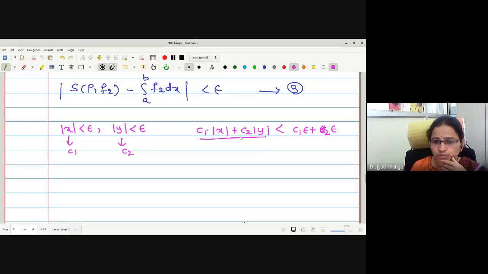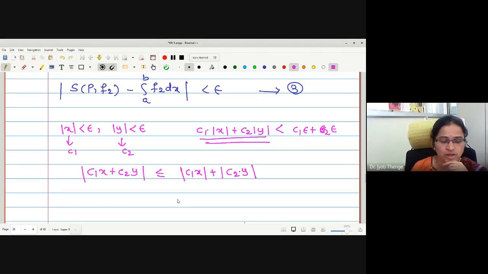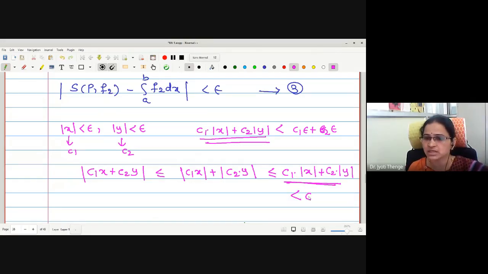But for this, can I write modulus of c1x plus c2y is less than or equal to mod c1x plus mod c2y, which, if I take c1, c2 to be positive, is c1 mod x plus c2 mod y, which is less than c1 epsilon plus c2 epsilon.